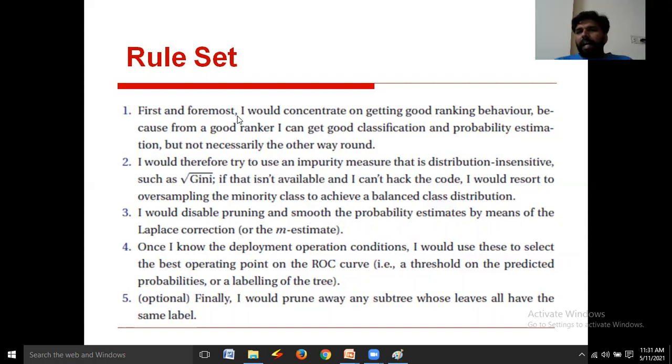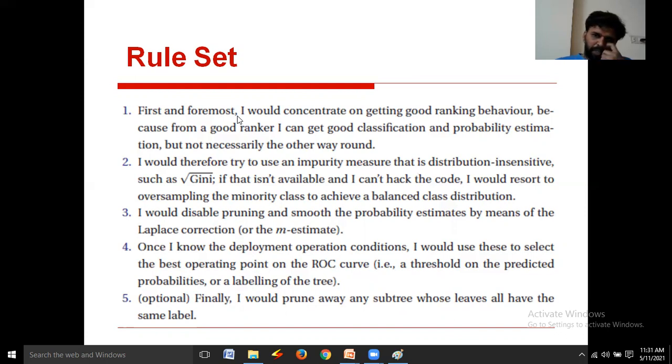A good classifier always gives good results, meaning it will produce correct results. The first important point is ranking segments correctly, or ranking leaf nodes correctly. Based on ranking only, the segments are arranged in proper order.